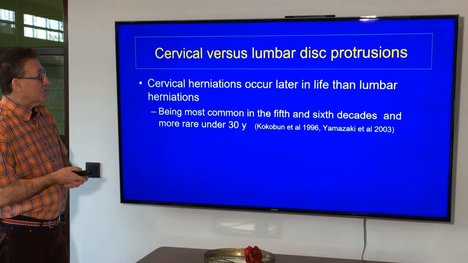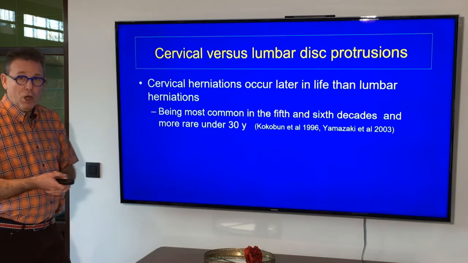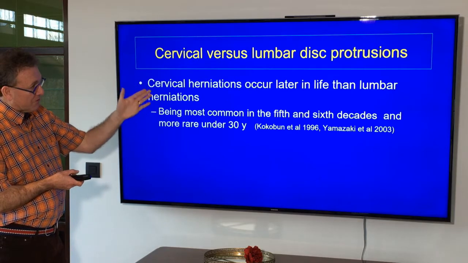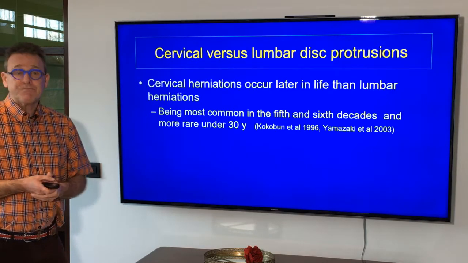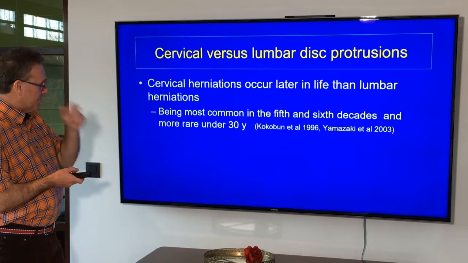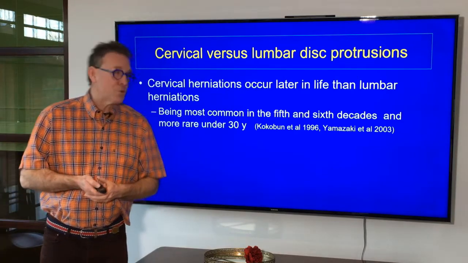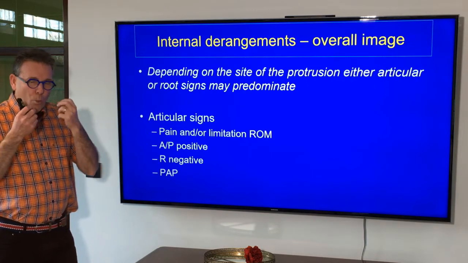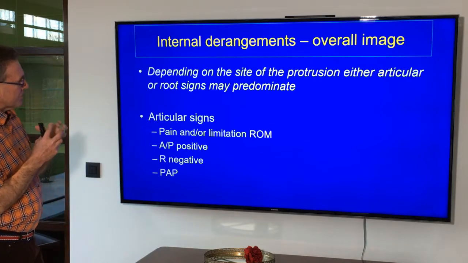Possibly I already mentioned that cervical disc protrusions are most common as from the age of 50, between 50 and 60 years old. Under the age of 30, they are not so frequent. What would be the general image of an internal derangement?